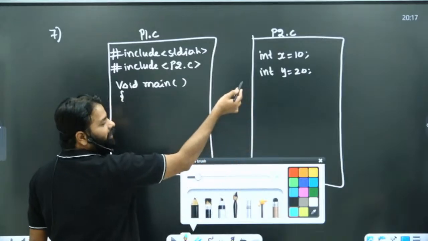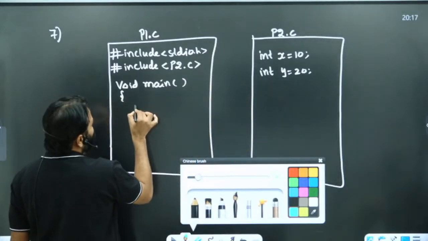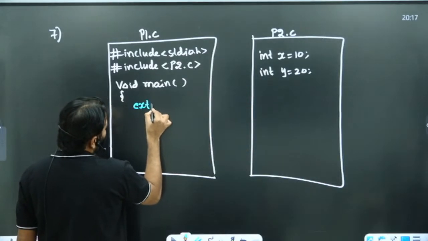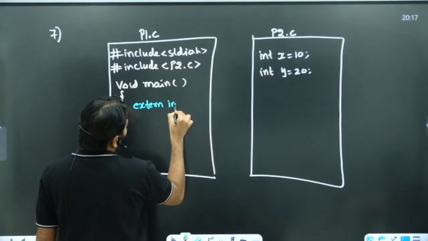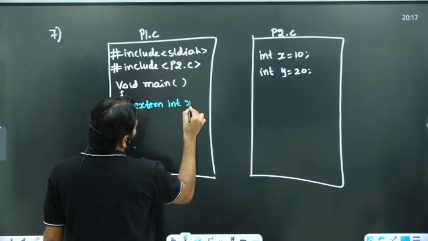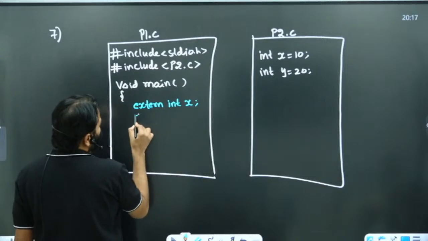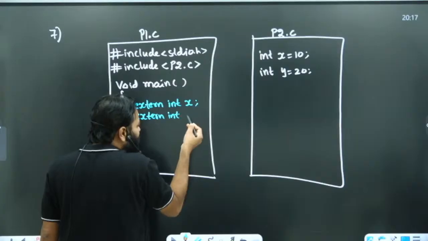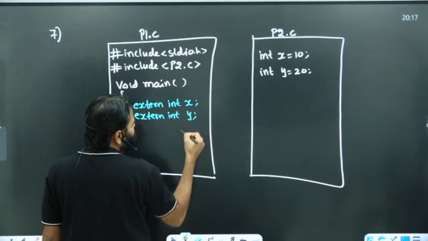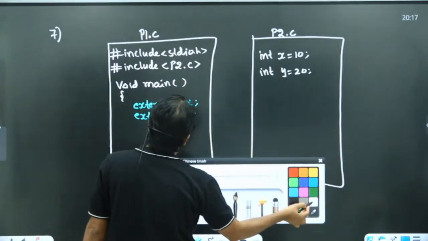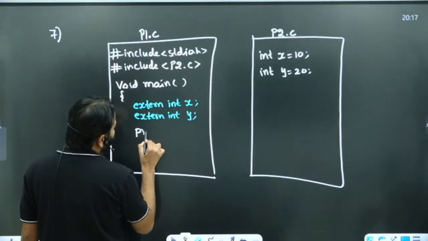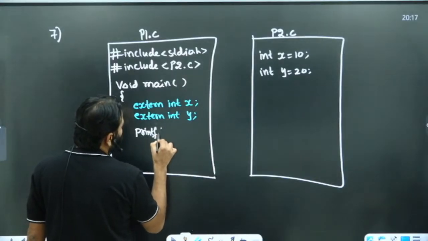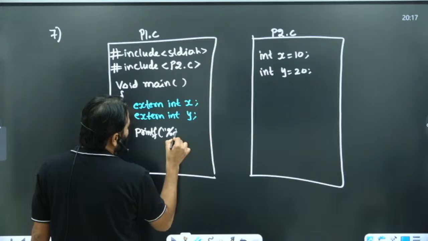They are global variables but external to all the files. I should write extern int x. I want y also, so I can write extern int y. Again, if I want x, I can write, but no use. Now I'll write a printf here. Let's say %d, I'll do x plus y.